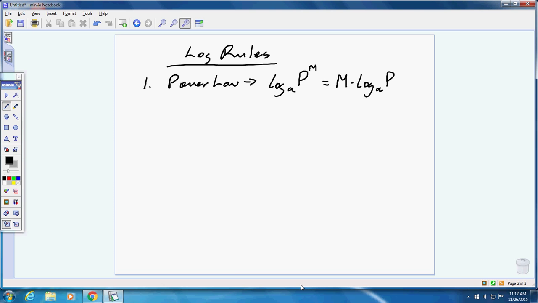So it's like we're saying an exponent raised to the other exponent m, we can just multiply them. Power law. Can't believe you can't read my writing.